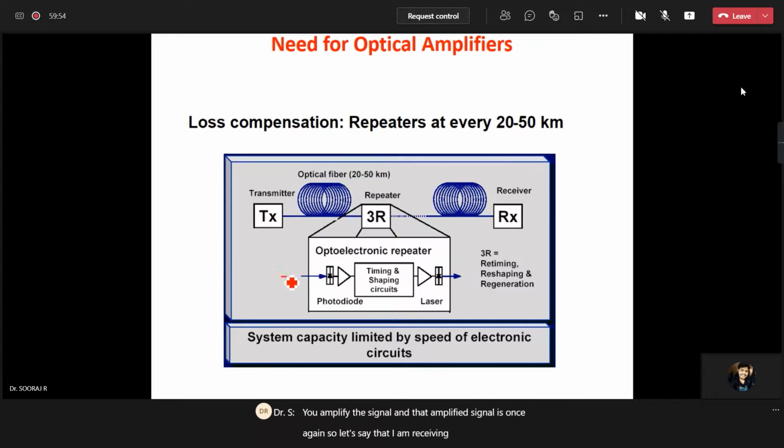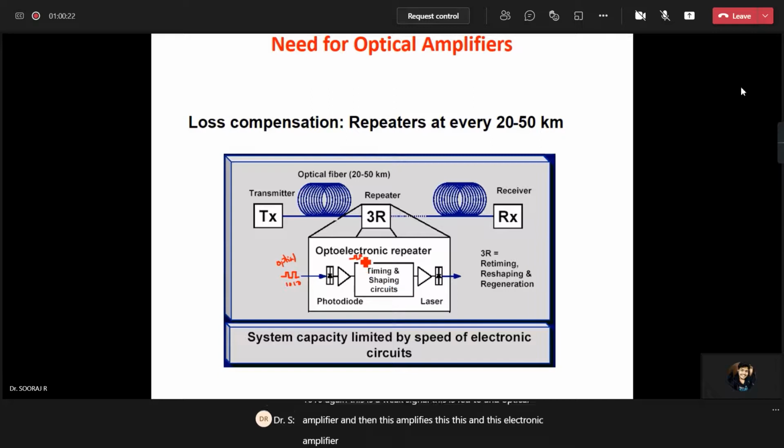Let's say that I am receiving a weak signal like this, 1 0 1 0. This is a very weak optical pulse. I convert this into an electrical pulse, 1 0 1 0. Again, this is a weak signal. This is fed to an electronic amplifier, which amplifies this weak signal.